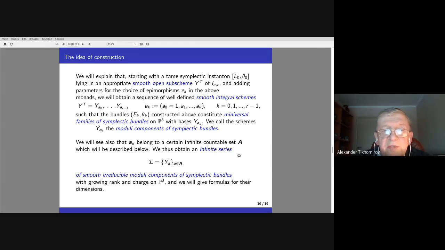And thus we obtain an infinite series, let me call it sigma, of all the possible Y_A obtained this way: an infinite series of smooth irreducible moduli components of symplectic bundles with growing, arbitrary rank and charge on P3, and we will give formulas for their dimensions. Please ask me any questions during the talk.